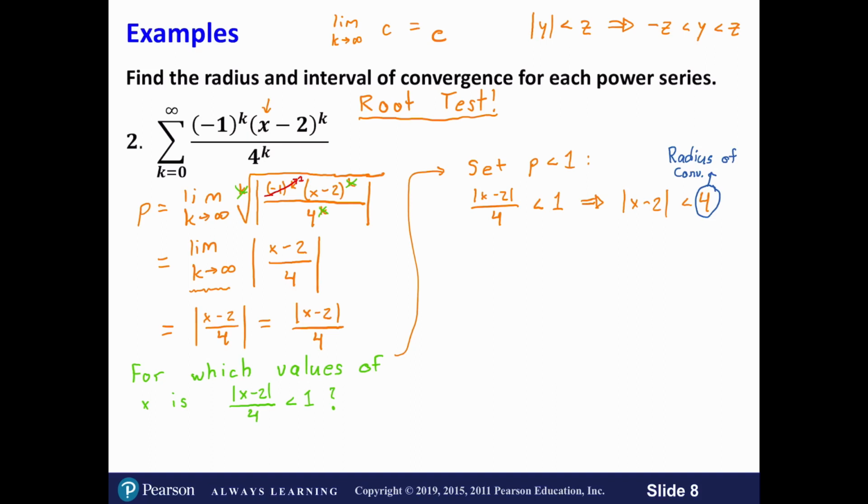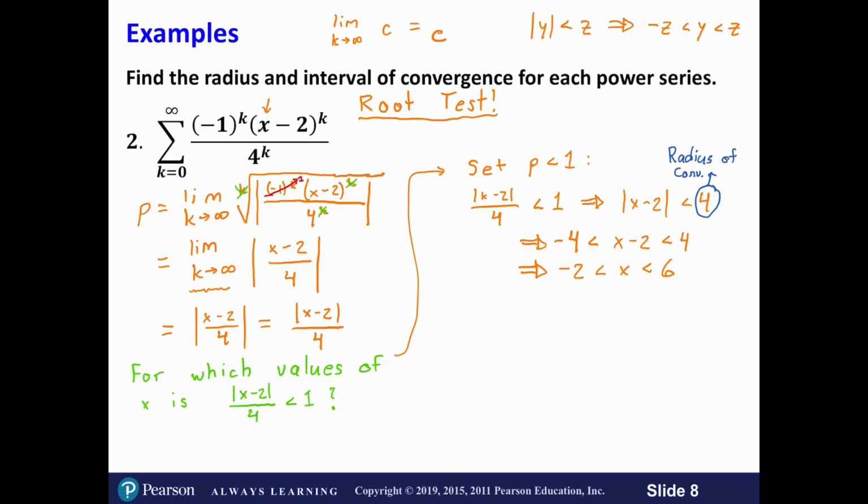So that's what it means for an absolute value to be less than a number. We will use that fact down here. The fact that the absolute value of x minus 2 is less than 4 means that negative 4 is less than x minus 2, which is less than positive 4. And if we add 2 to every side, we get negative 2 is less than x, which is less than 6.